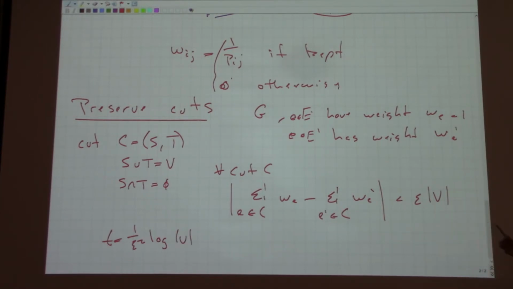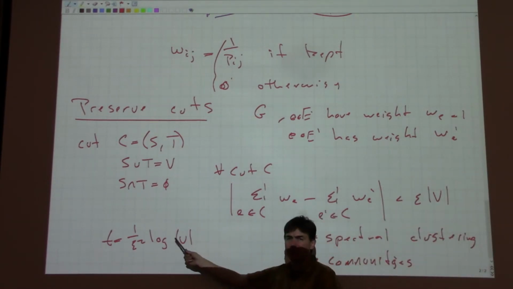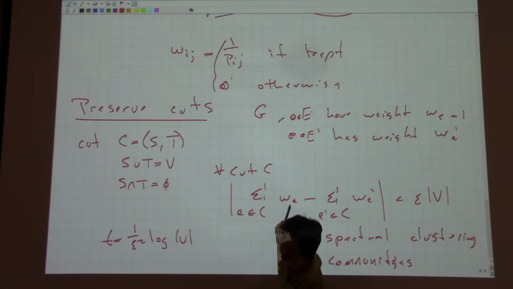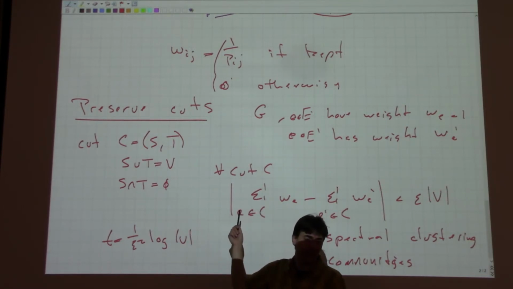So if you want to preserve these cuts, remember these cuts are basically what you're looking for in things like spectral clustering and in detecting these communities. If you're doing either of these operations, then you can't really reduce the edges that much in order to get a good approximation to these cut properties here.